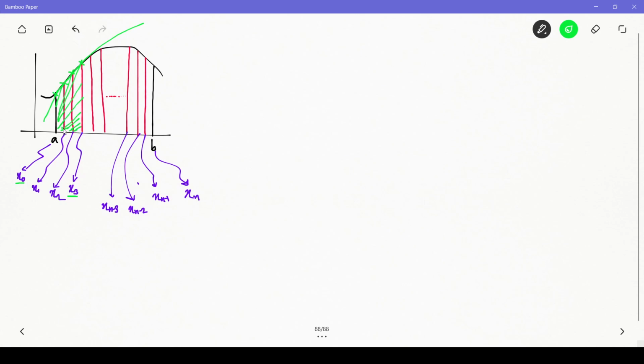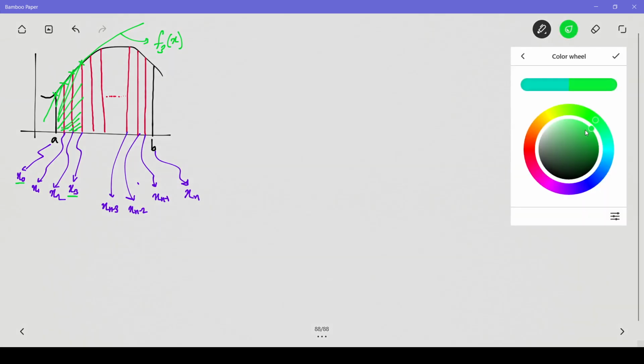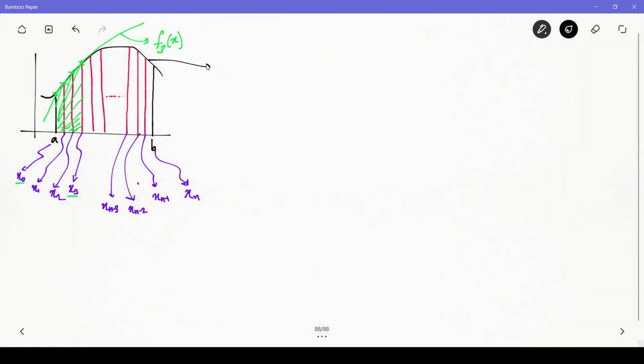In other words, the green shaded value is the area underneath the third order polynomial f sub 3 of x that we have just come up with by fitting it through these 4 points. And this thing drawn in black is our original function f of x.